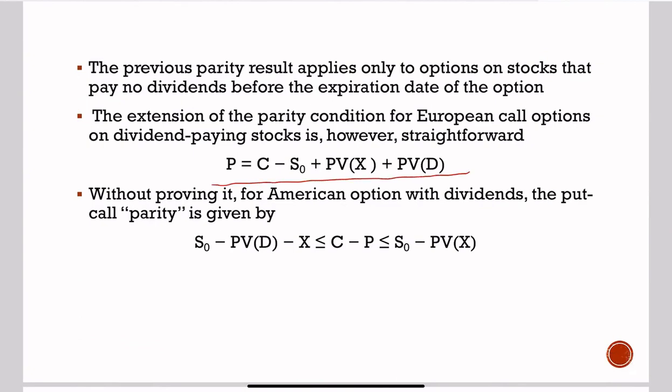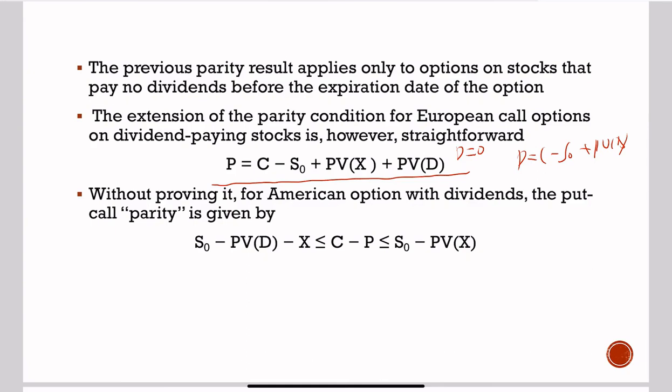So you can see that if you assume d equals 0, you will get our original formula. You will get p equals c minus s0 plus pvx. Okay, so this is the simplified case we just discussed when we assumed no dividend.